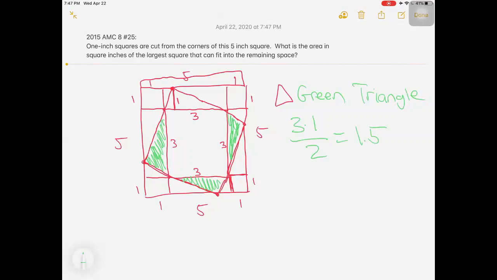And then since we have 4 of these green triangles, we multiply this value by 4 to find the total value, which is 6.